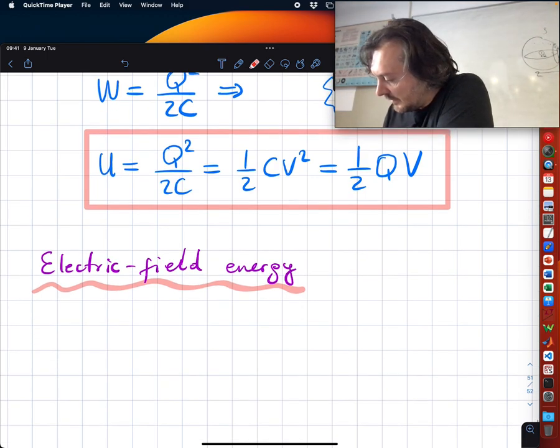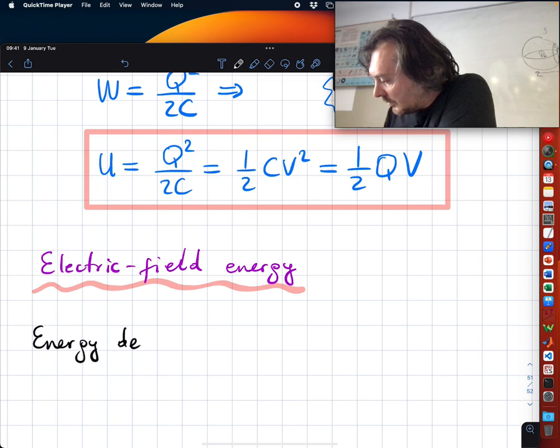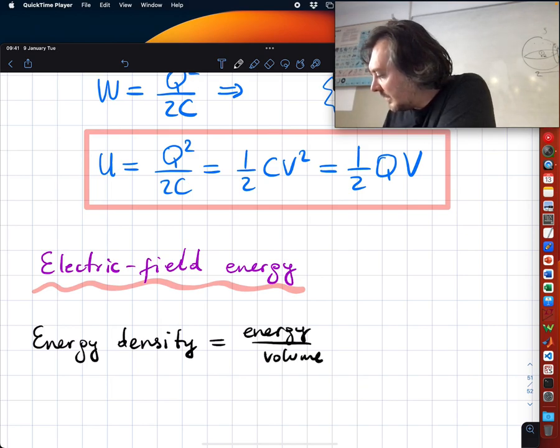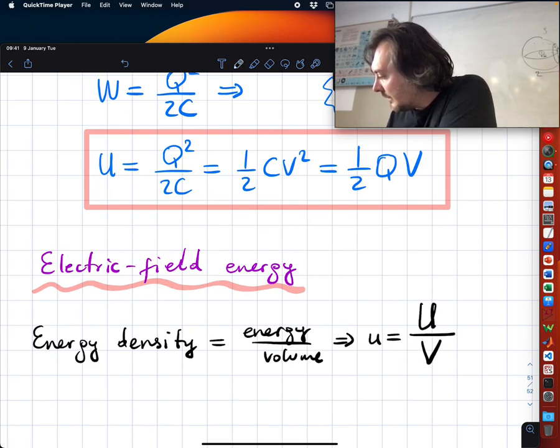So let me write it down. Energy density, which is energy per volume. I will denote it by small u, and this is U over V, where this is volume.